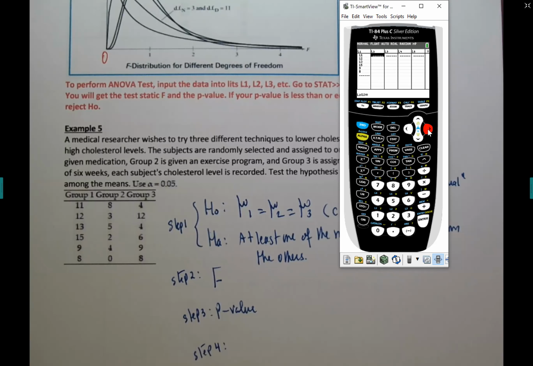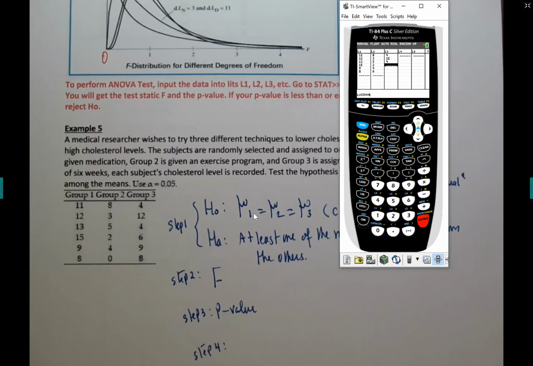Then you go to the next one. 8, 3, 5, 2, 4, 0. Okay, group 3, and we'll be done there. 4, 12, 4.